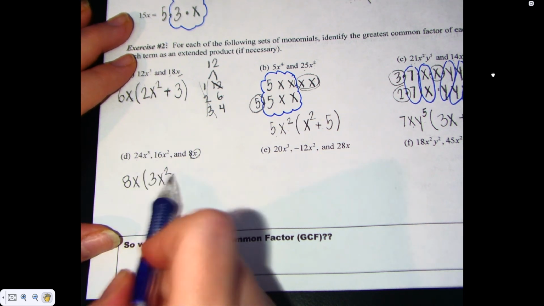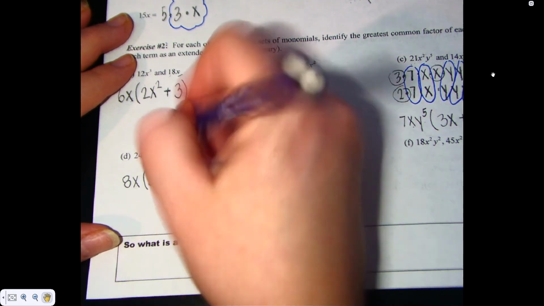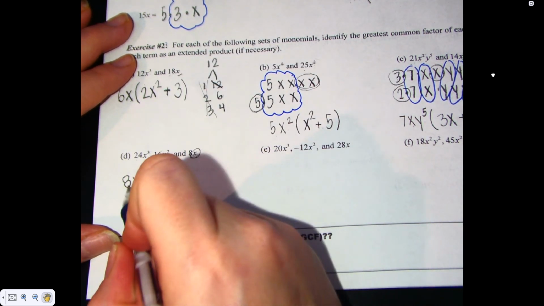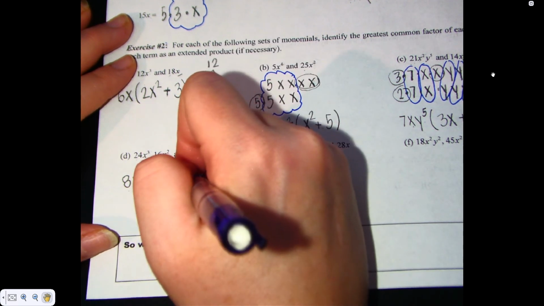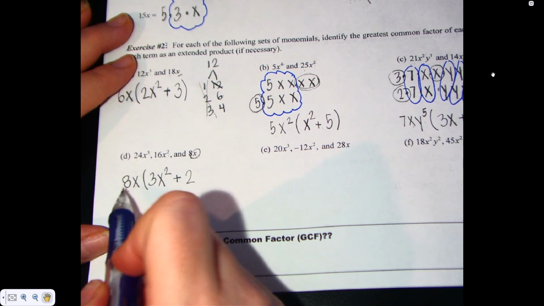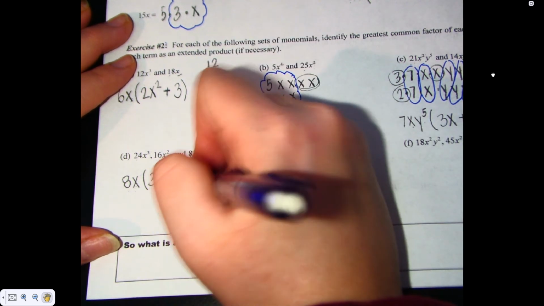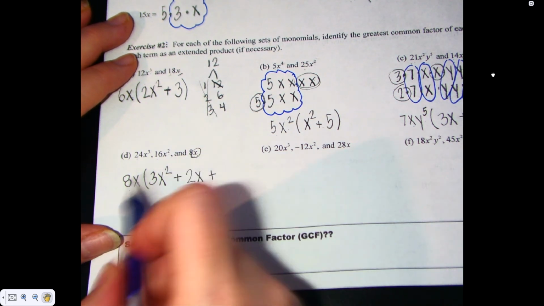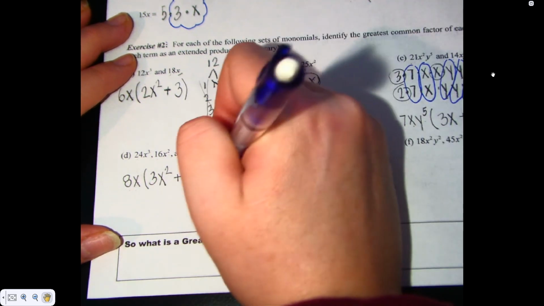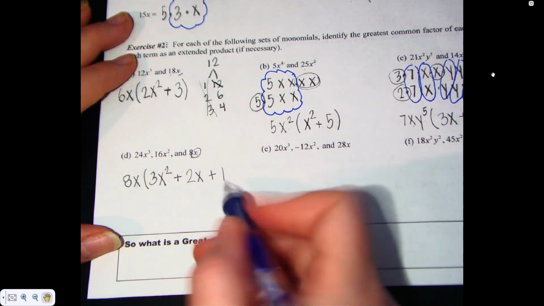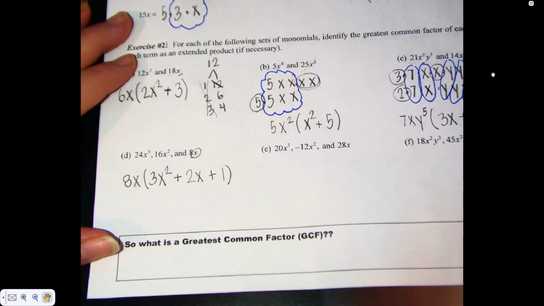Okay, so x squared times x is x cubed. All right, 16 divided by 8 is 2. There's an x squared up here, but an x here, so that means I need another x there. And then 8 divided by 8 is 1. And x divided by x is 1, but I don't need to write 1 times 1, so just 1.